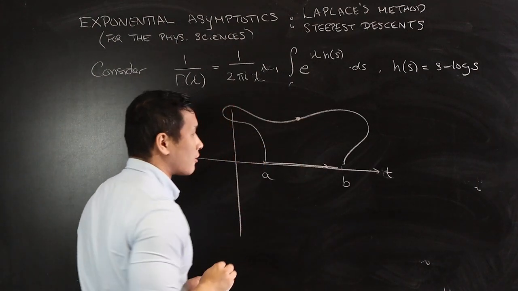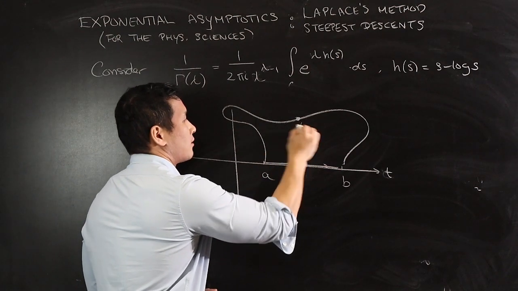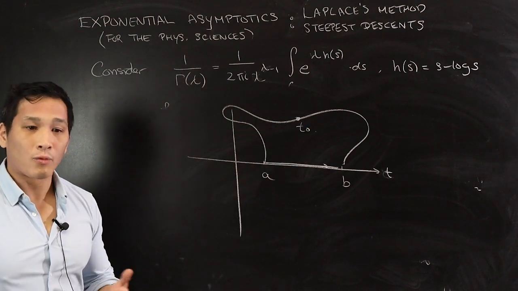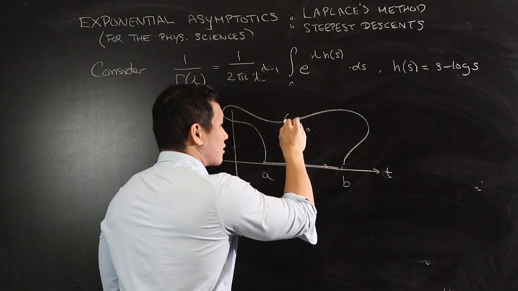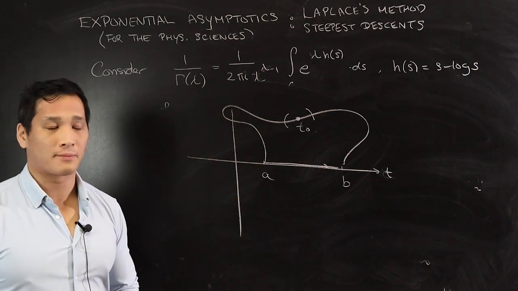There may be critical points that you want to pass through. Let's call this T0. And then what you do is you consider a local neighborhood of this point and derive the asymptotic contribution.